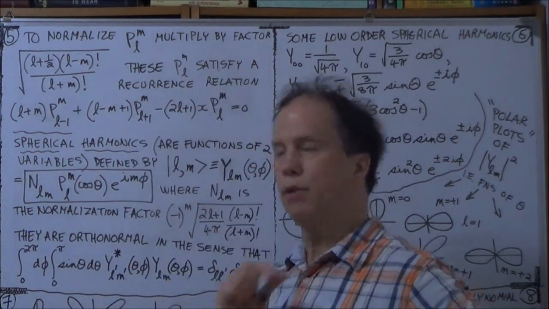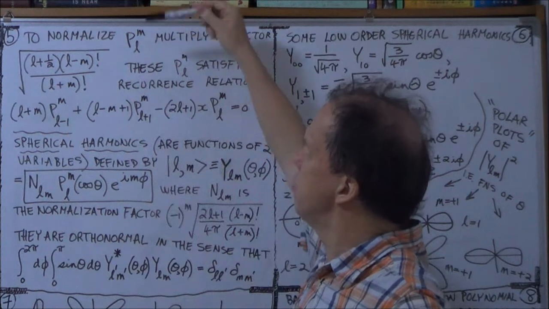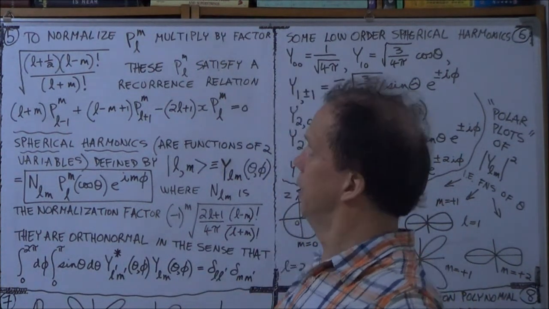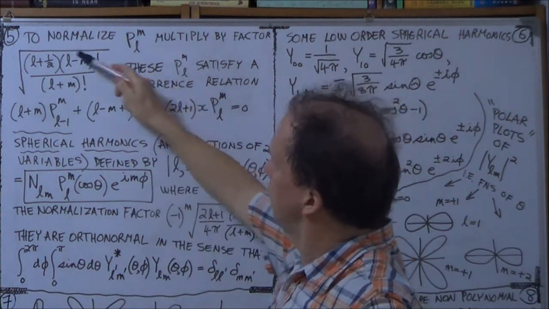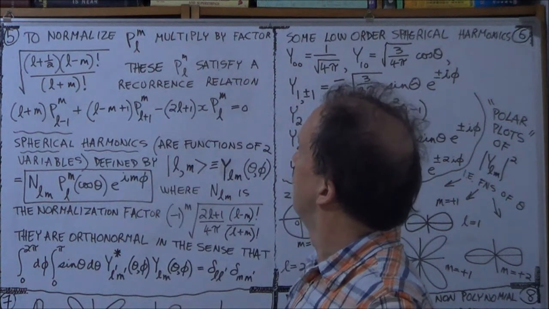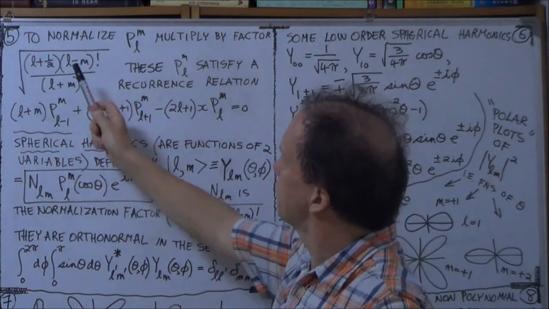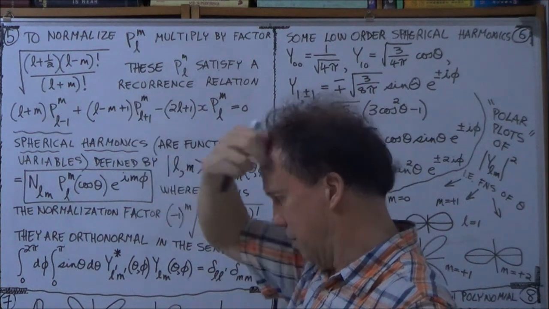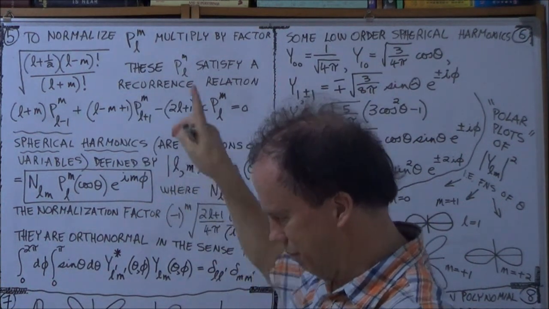As I was saying in the previous session, you can normalize these associated Legendre polynomials by multiplying by this term. You can't see it, it's in the previous session, but I'll just read it out.